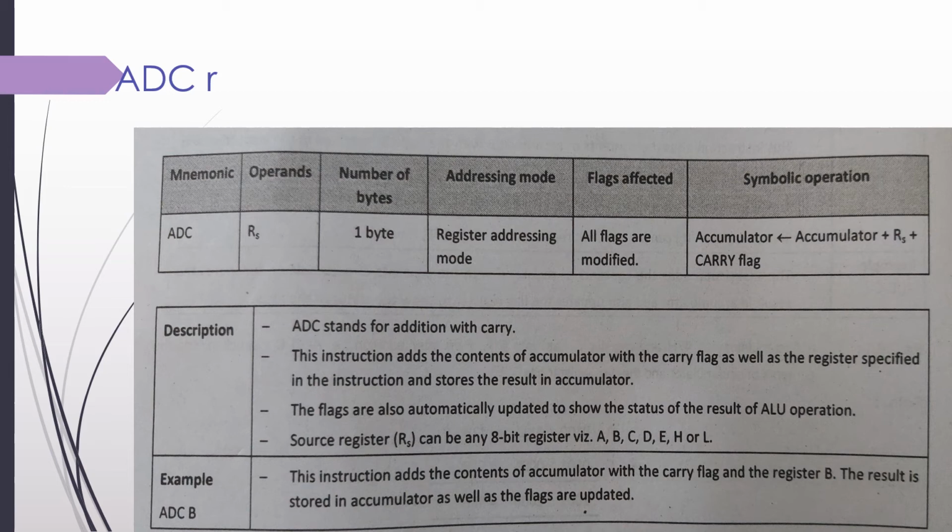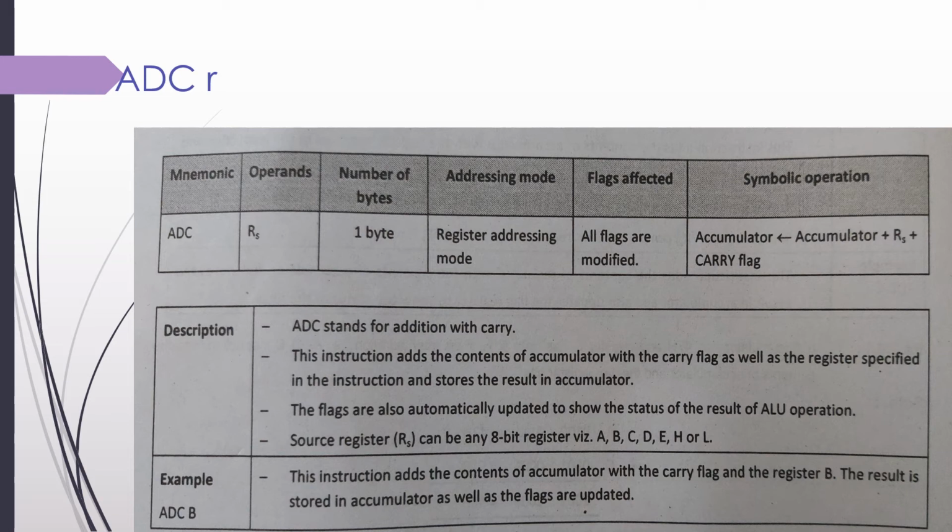So the ADC R instruction is a single byte instruction and it follows register addressing mode. Here also all flags may be modified, and the valid registers are A, B, C, D, E, H or L. Any of the registers you can use in the instruction.